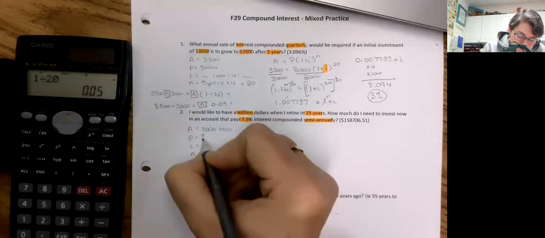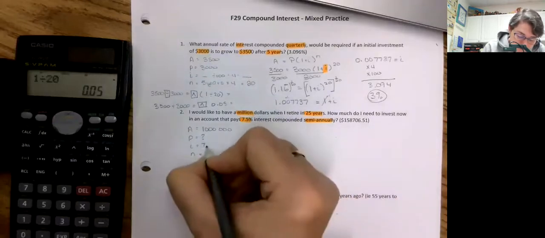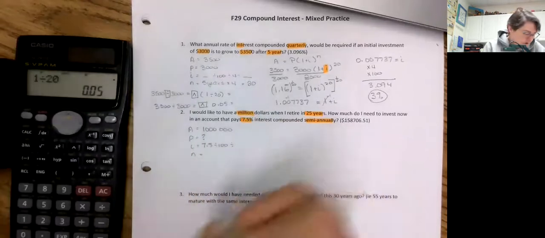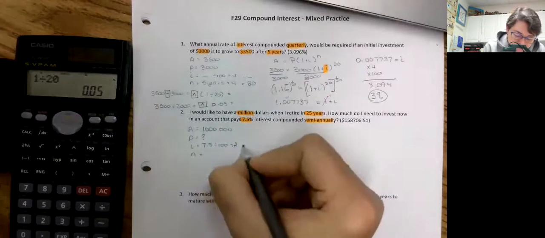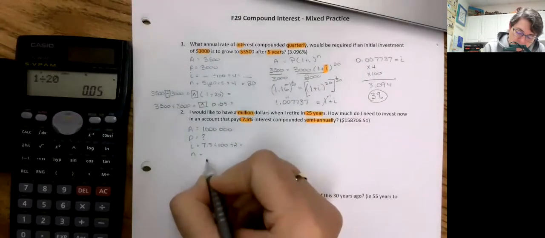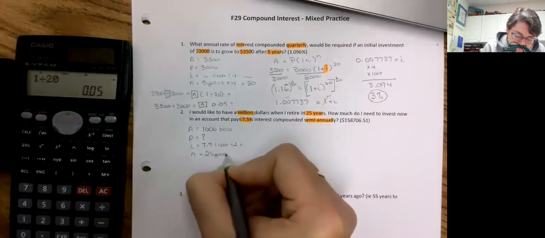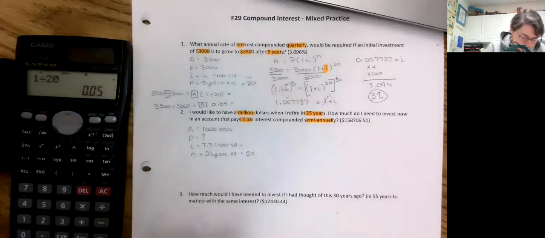And I don't know my principal this time, but I know my interest: 7.5 divided by 100, divided by 2 because it's semi-annually. And N is 25 years times 2. That's going to give me 50.